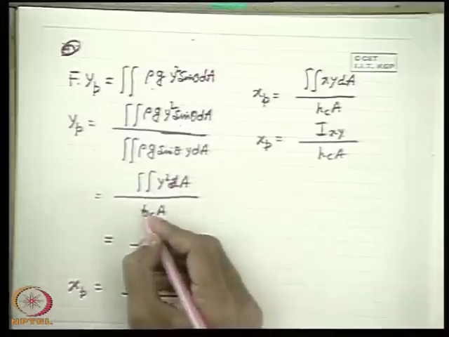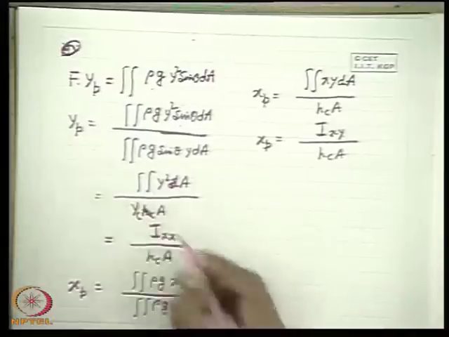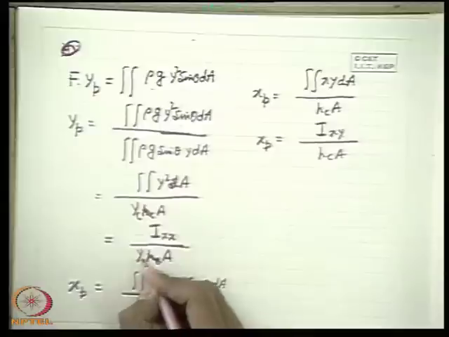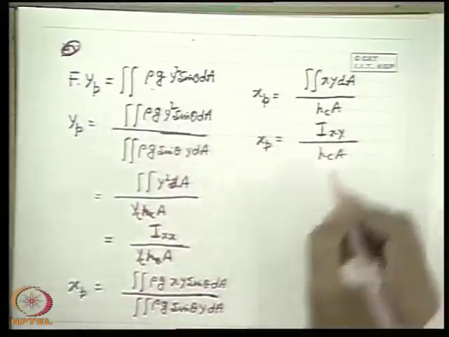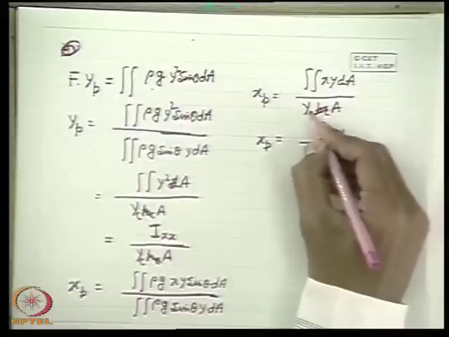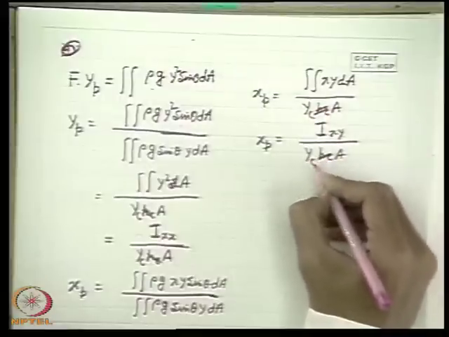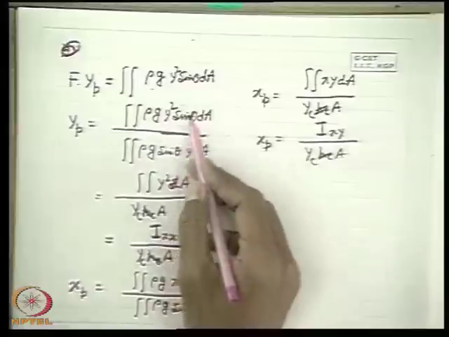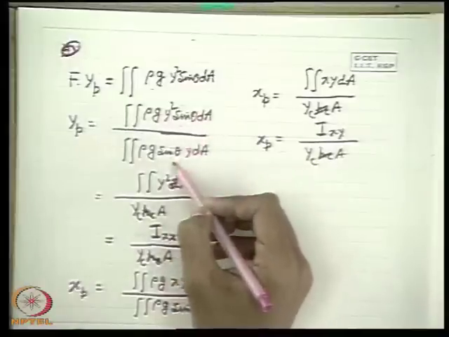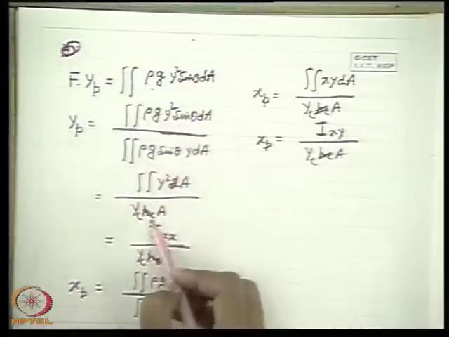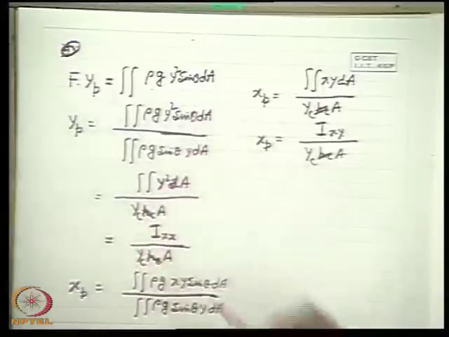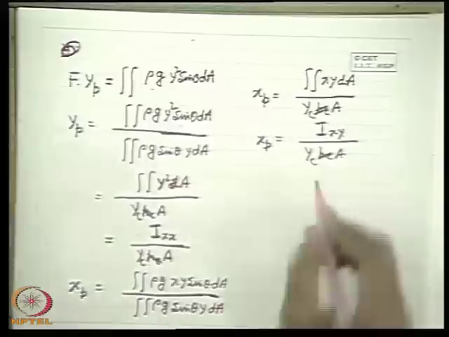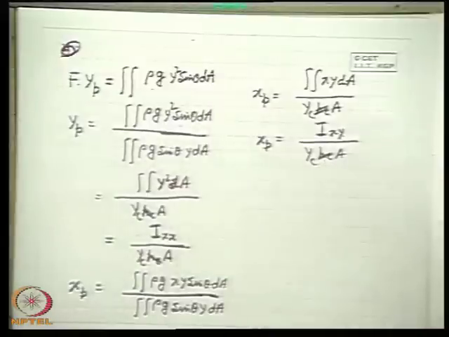Oh yes, I am sorry, this will be yc. Because I am cancelling sin theta from both numerator and denominator, I cannot take y sin theta as hc. So it will be yc. Very good. I think there is no other problem.